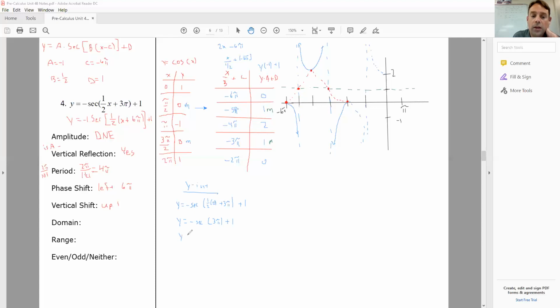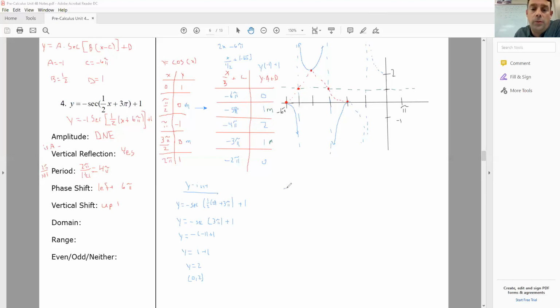So I get y equals negative times the negative 1 plus 1. And yeah, I thought that might be 2. So 1 plus 1 is 2. I have a y-intercept at 0, 2. So if I were to keep this thing going, I'd have a y-intercept at 0, 2.